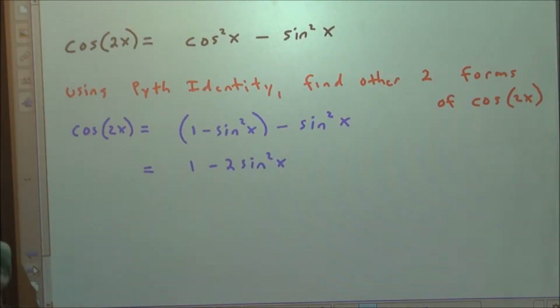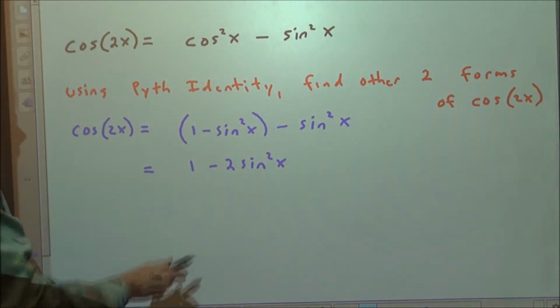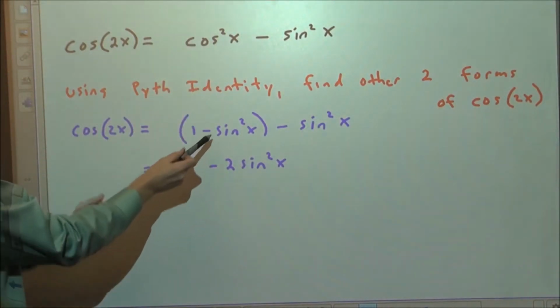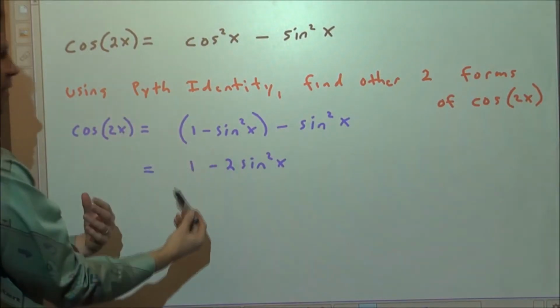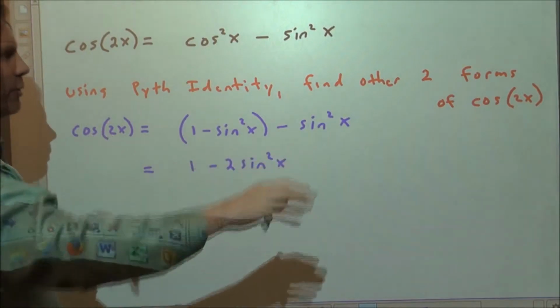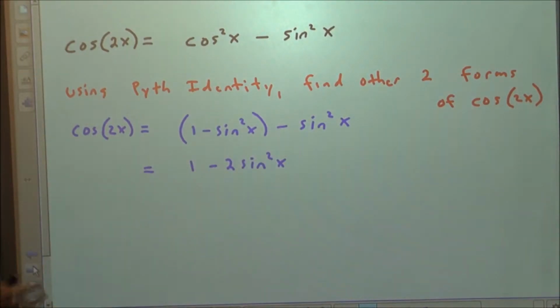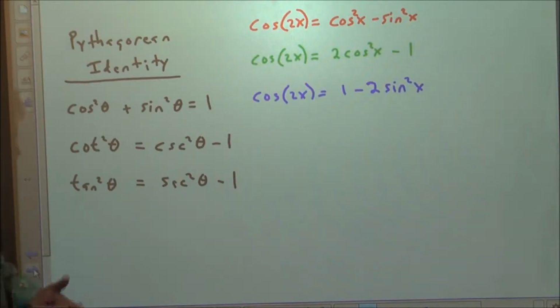And then likewise, if we start again with that form of the double angle for cosine, and this time we replace cosine squared with its equivalent based on the Pythagorean identity, we get this form of the double angle. And again, the further we go into calculus, when we get to integration, some of these things become more and more beneficial to us.